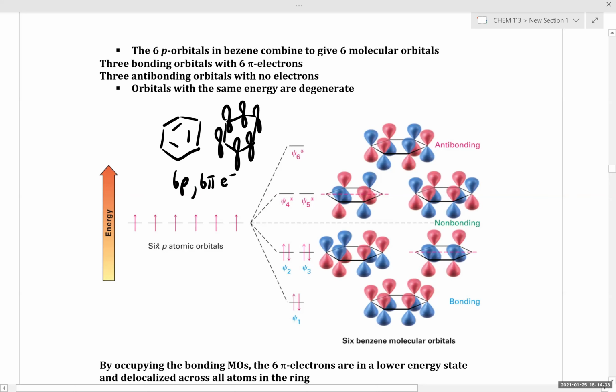Now, if we take our 6 p orbitals found in benzene from each of our component carbon atoms, in turn, when combined, we will get 6 molecular orbitals. From these 6 molecular orbitals, we will get 3 bonding molecular orbitals and 3 antibonding molecular orbitals.